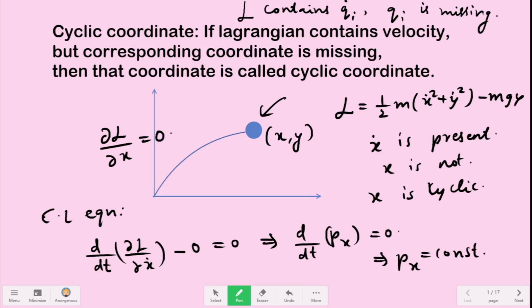This is the importance of discussing cyclic coordinates. In this problem, px is equal to del L upon del x dot, which is equal to m x dot, equal to constant. And m is already constant, therefore x dot is constant. Now we are going to discuss the gauge transformation of Lagrangian, but before that, let us focus on a problem.